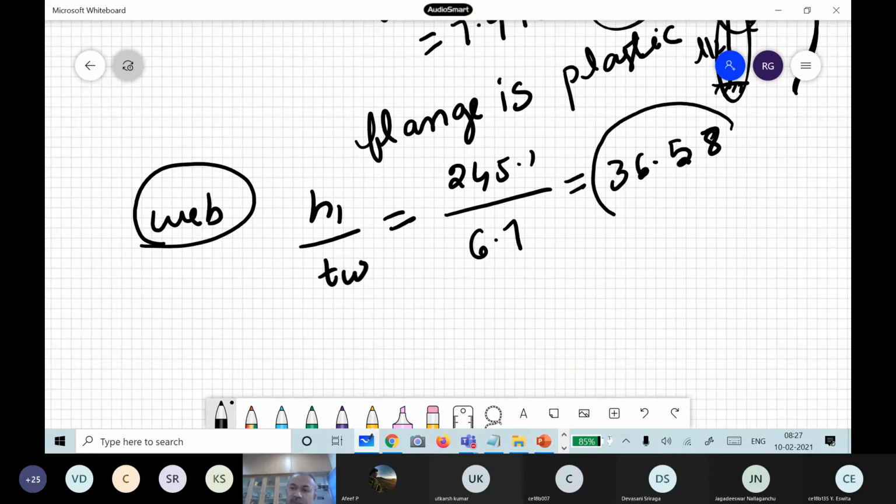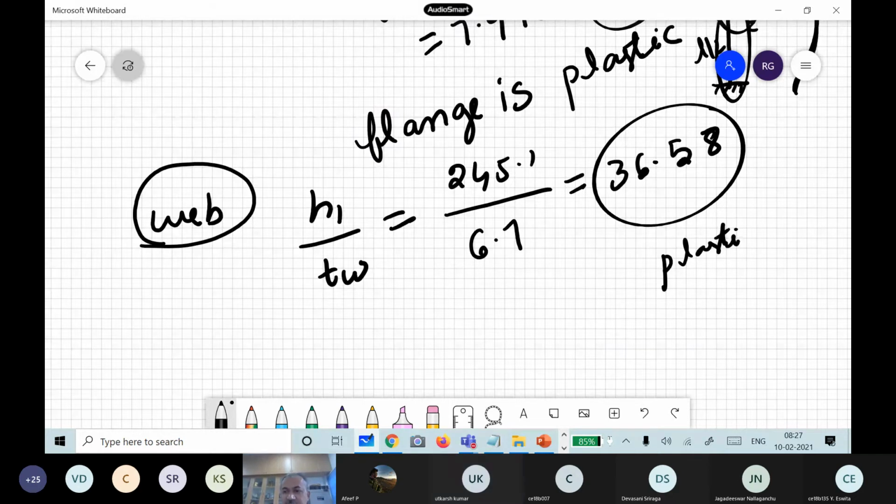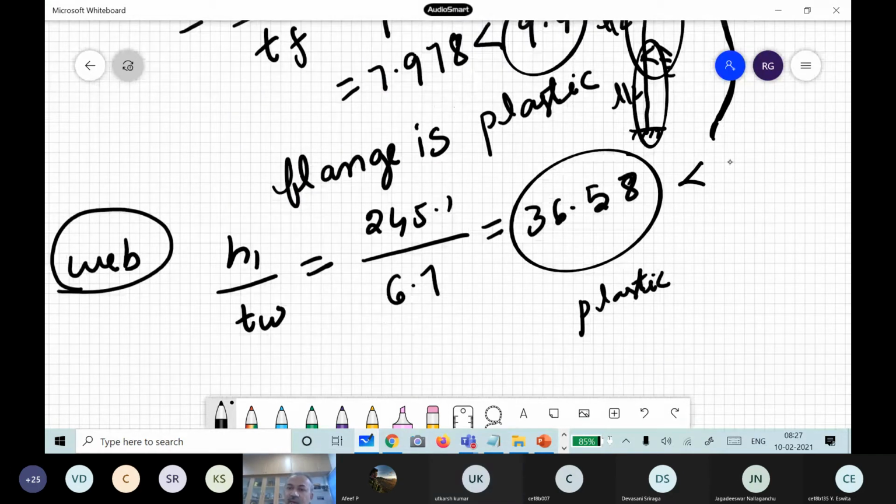How much have we got? 36.58. Is it plastic, compact or semi-compact? 84 is the limit there. Plastic, because it is less than 84. So this is a plastic cross section.